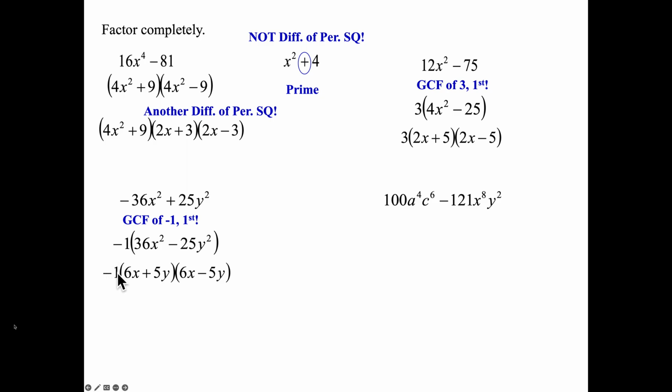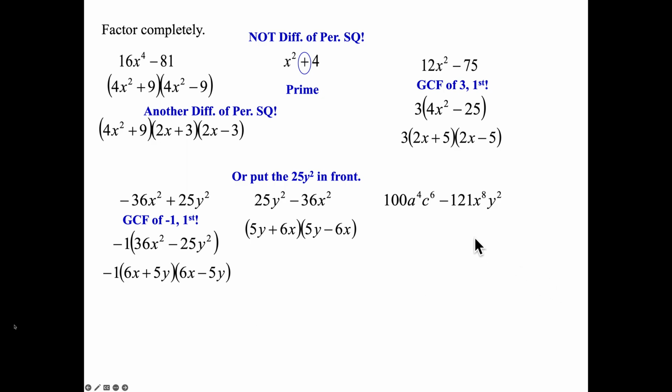Keep the negative 1 as the GCF out in front. Or, why not just put the 25y squared first and put the negative 36x squared, treat it like a minus, and put it second? That's a difference of perfect squares. 5y plus 6x, 5y minus 6x. This answer here is the same as this answer right there.